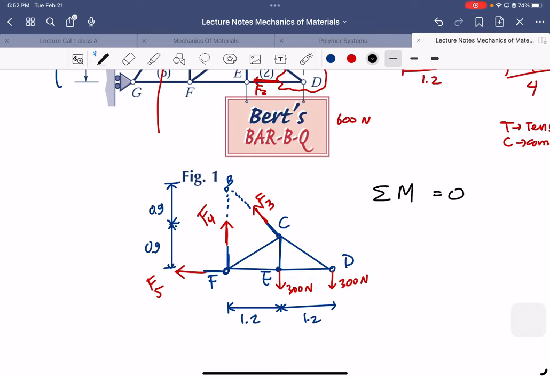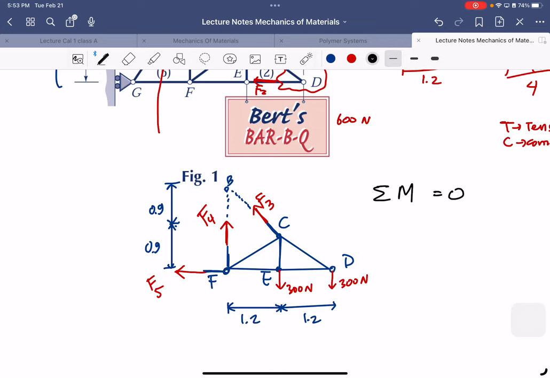Okay, remember, when we talk about the moment, the moment is the force multiplied by the length, right? Now look at our force here. If we put our point at F, we are going to lose this F, right?